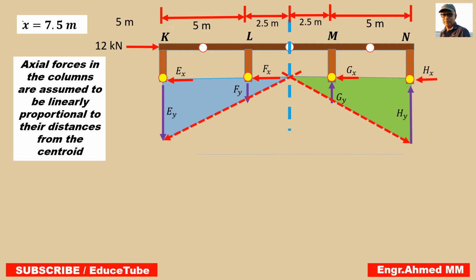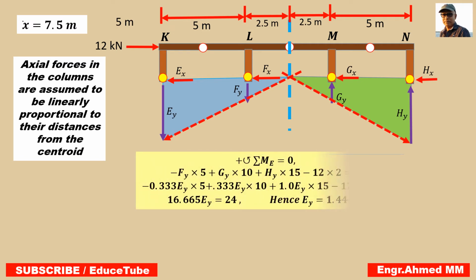So what will we do? Summing moments about E. How to do that? Fy multiplied by 5. Again Gy multiplied by 10.